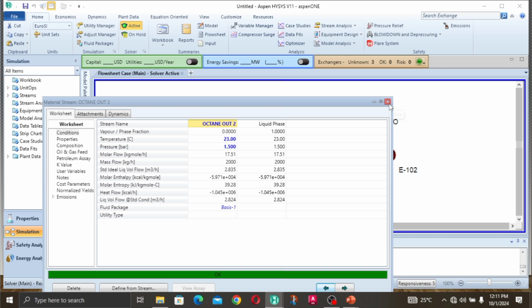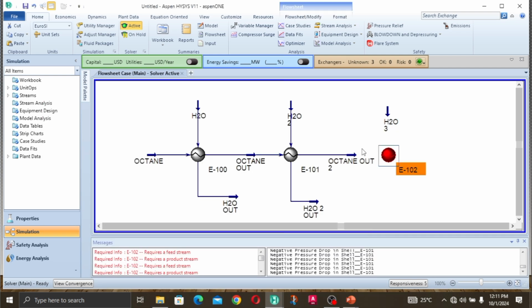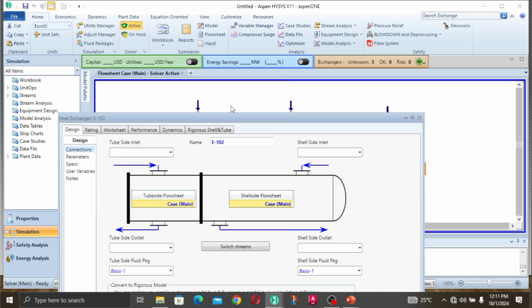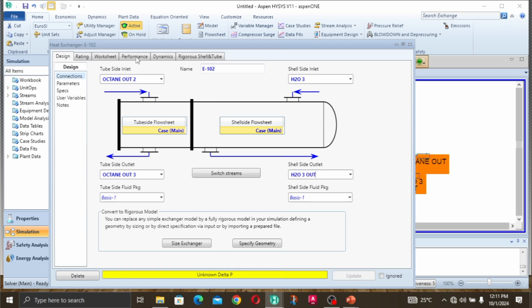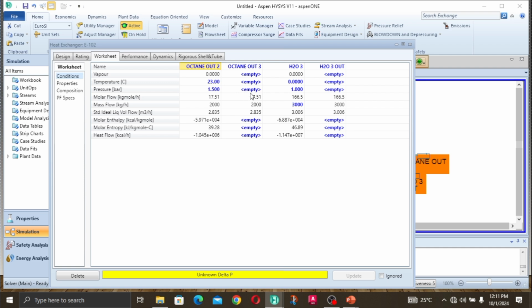So connecting the third heat exchanger to our train, we have our outlet 2, and let's call this octane out 3 for the tube outs, and we have our third bowl on the ground, so H2O3, and we call this H2O3 out. Perfect.